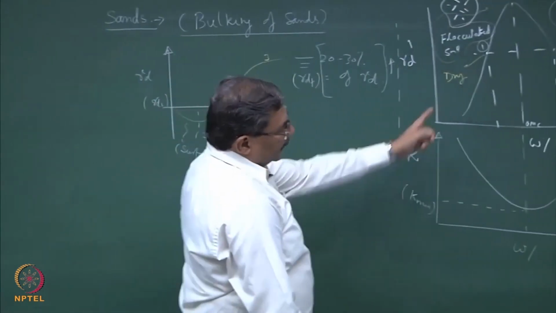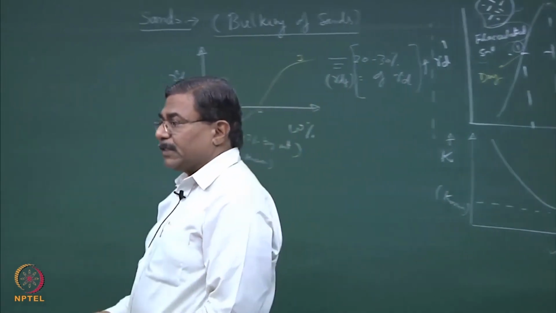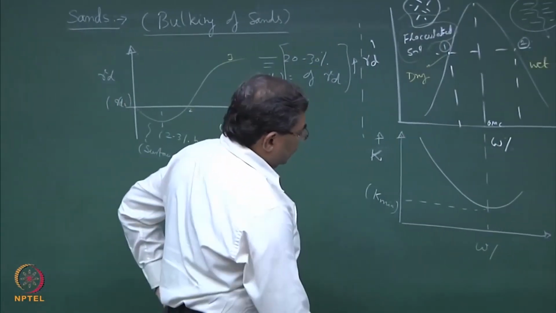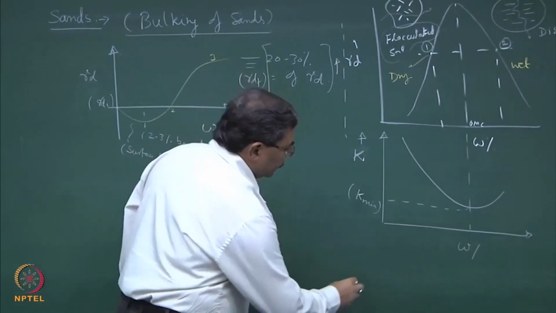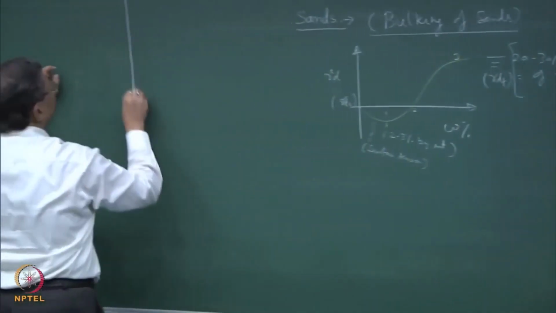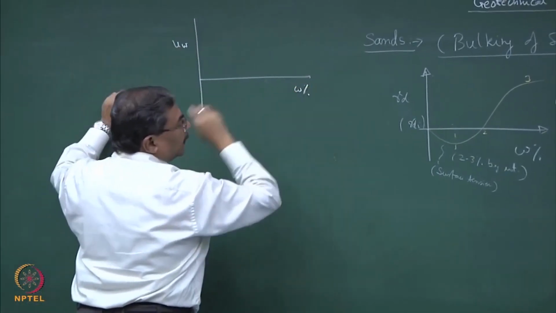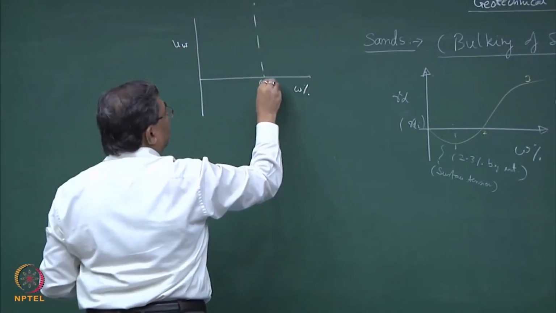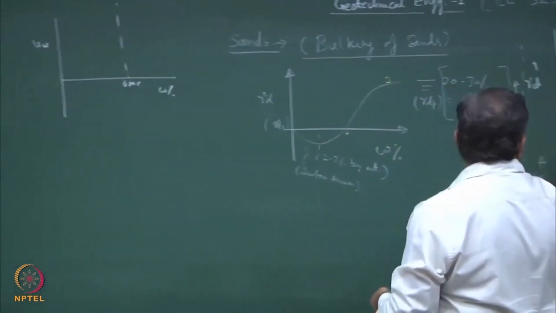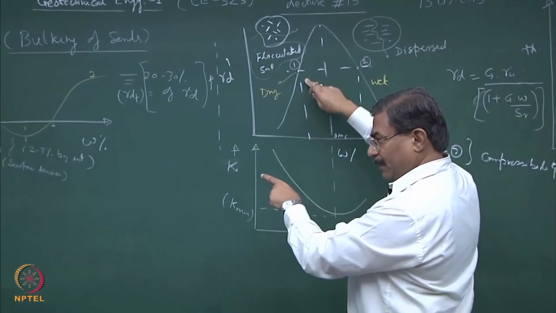If I further play with this graph, in the previous lecture we have been talking about effective stresses and the suction and the pore pressures. So, I would like to complete that series. So, if I define UW with respect to moisture content and this is the OMC, what will happen? The more and more you compact the soil, you are expelling the moisture, clear.